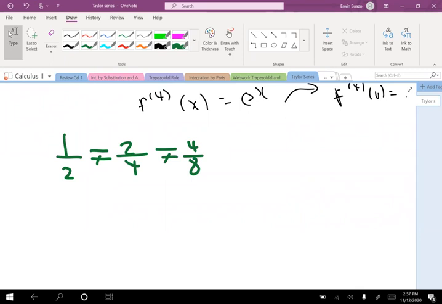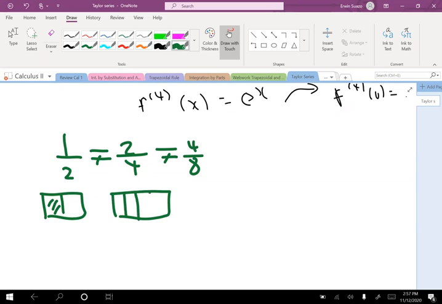In what sense? With 1/2, you eat half of the chocolate. With 2 fourths, you divide it by 4, 1, 2, 3, 4, but you're still eating the same amount. But they're different because this one was cut in fourths, this one was cut in half.